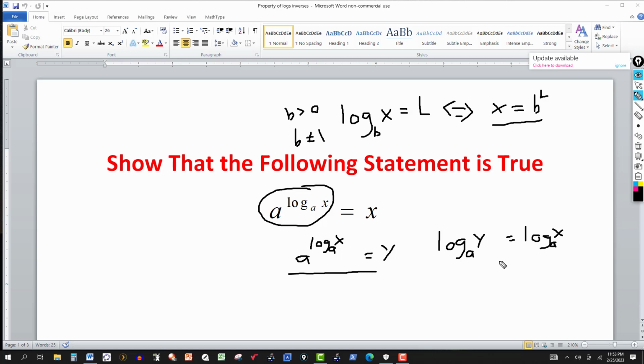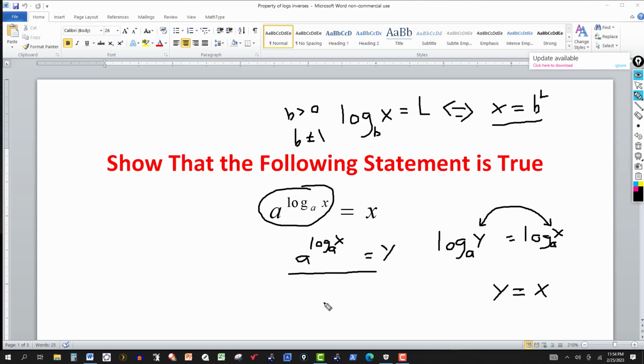So then from here, what do we know? There's a property of logs again that tells you that if you have a log of some number, in this case y, to some base, and if that's equal to the log of some other number to the same base, those numbers have to be equal. So this tells me then that y has to be the same thing as x. So what have we shown?